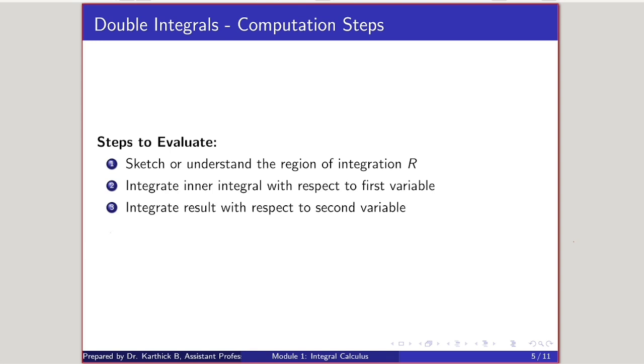For example, just consider a double integral. I'm considering the function xy dx dy. Here this part is said to be the inner integral.